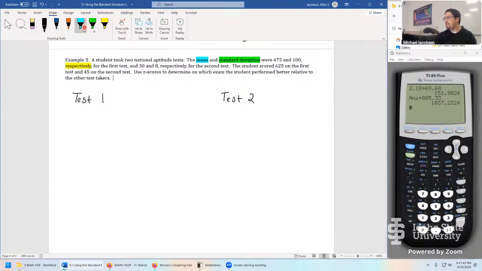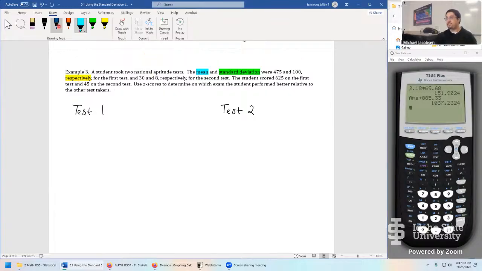So when we said the mean and standard deviation were 475 and 100 respectively, this word respectively causes a kind of correspondence. The numbers that come first are referring to the means. So it's a one-to-one correspondence in that way. That's what the word respectively is trying to indicate.